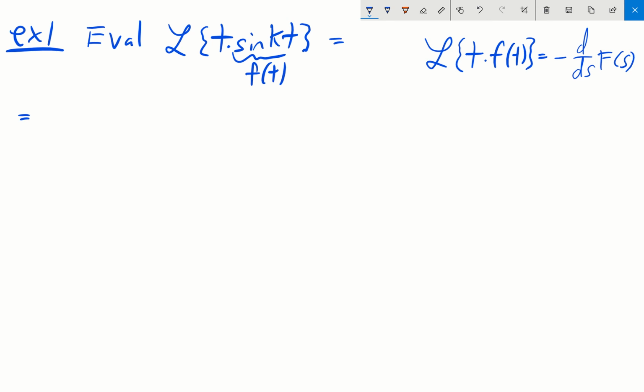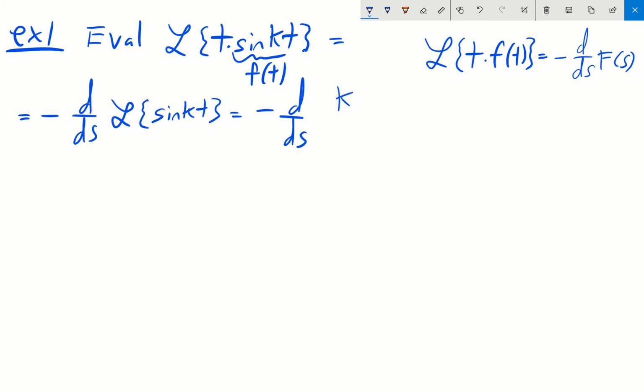Therefore, this is equal to the negative of the derivative with respect to s of the Laplace transform of the sine of kt. That's something that we know from before. The Laplace transform of sine of kt is equal to k divided by s squared plus k squared.